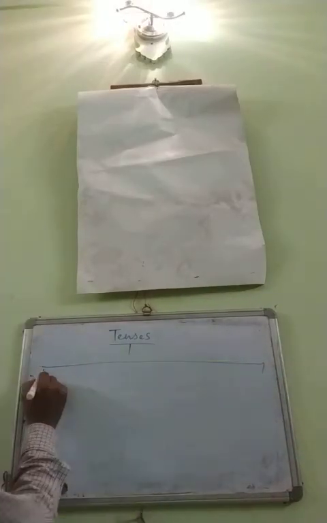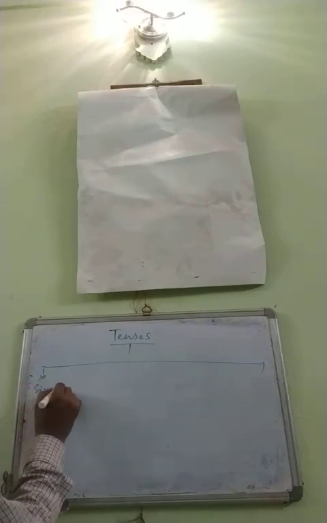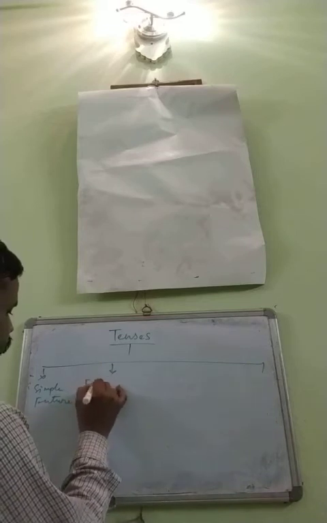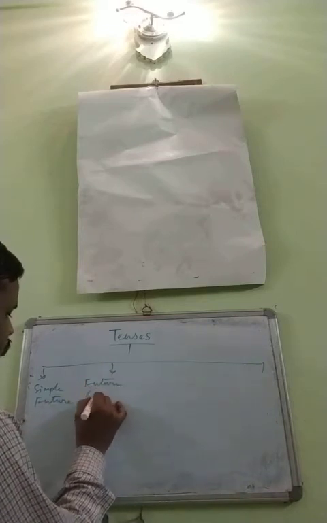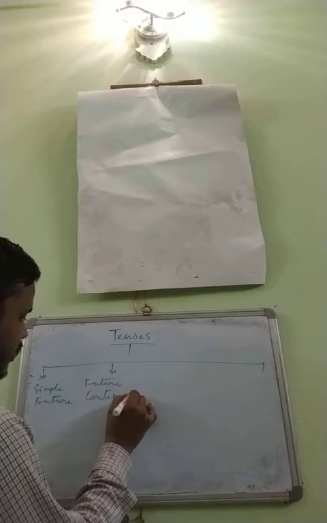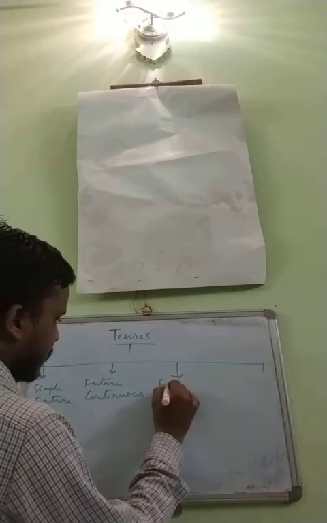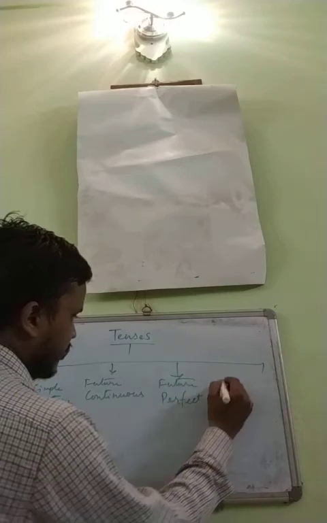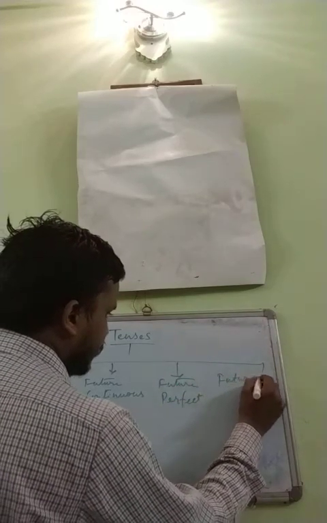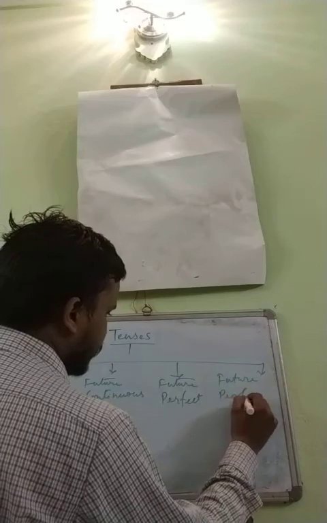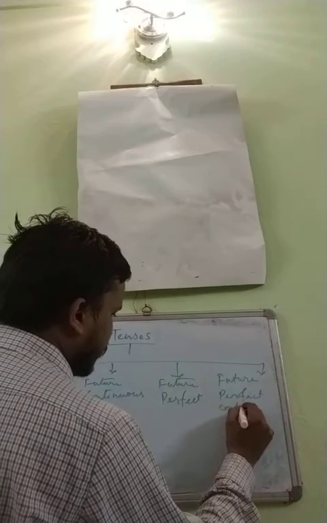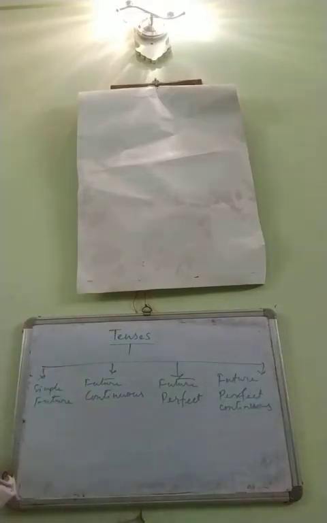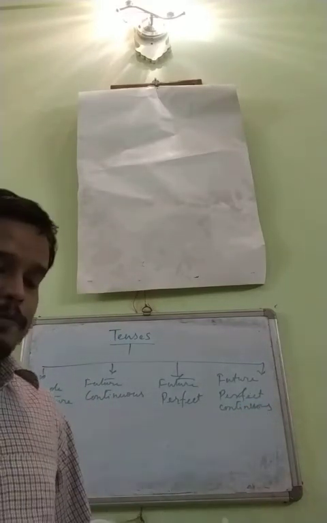The future tenses: simple future, or we say future indefinite, and then future continuous, and then future perfect, and then future perfect continuous. So these are what you are having in future tense.